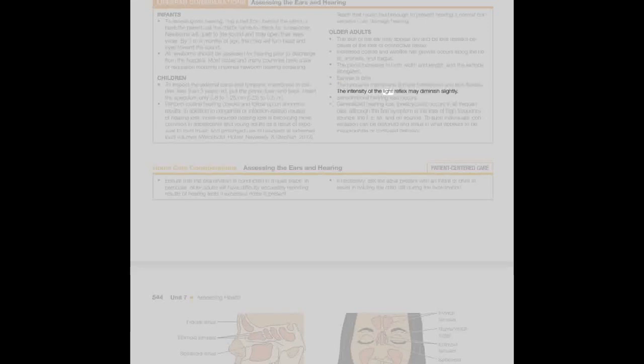The intensity of the light reflex may diminish slightly. Sensorineural hearing loss occurs. Generalized hearing loss, presbycusis, occurs in all frequencies, although the first symptom is the loss of high-frequency sounds, the F, S, SH, and PH sounds. To such individuals, conversation can be distorted and result in what appears to be inappropriate or confused behavior.